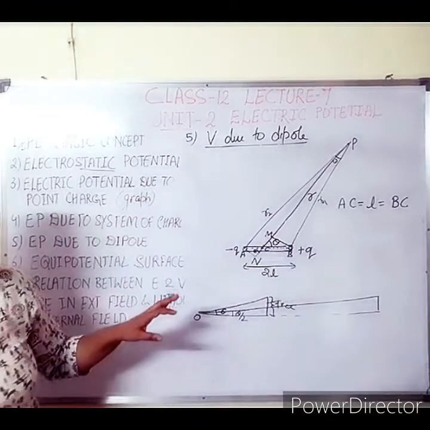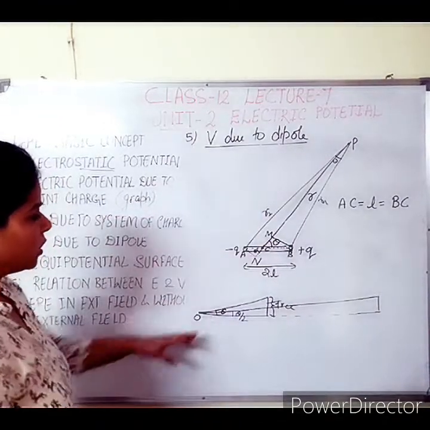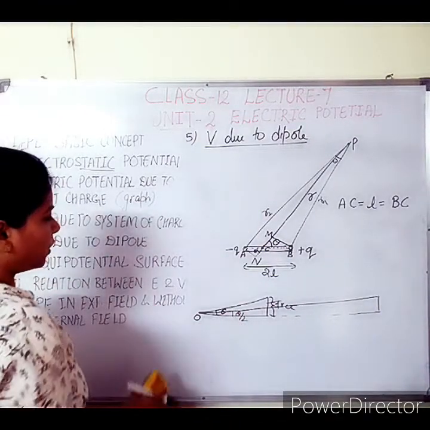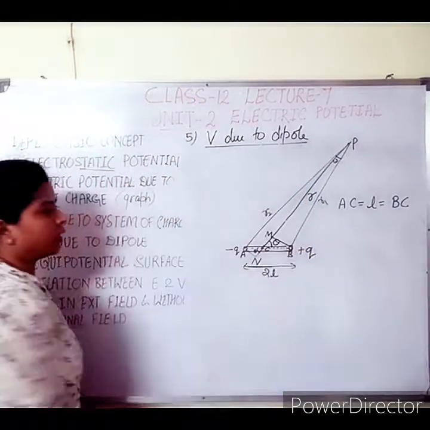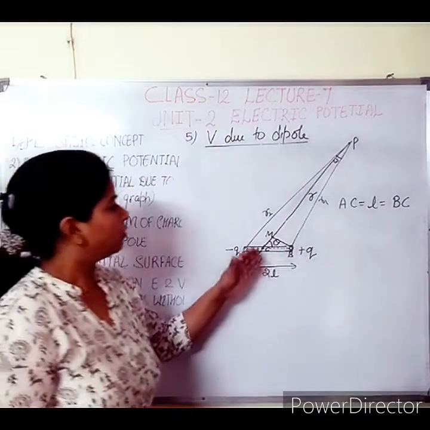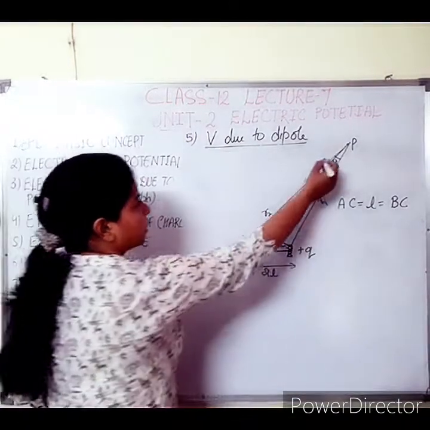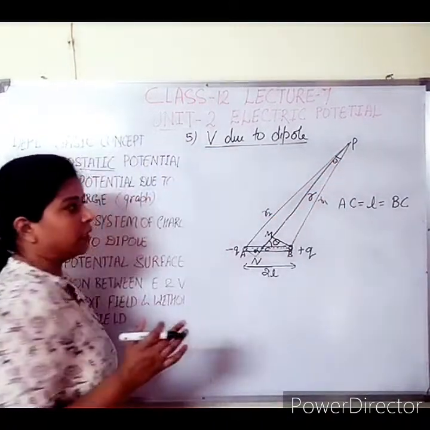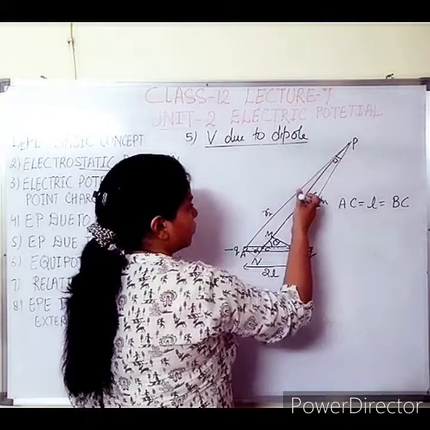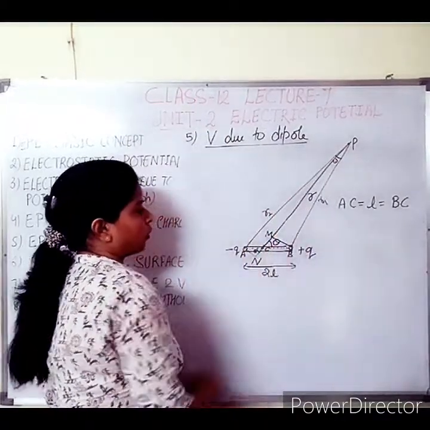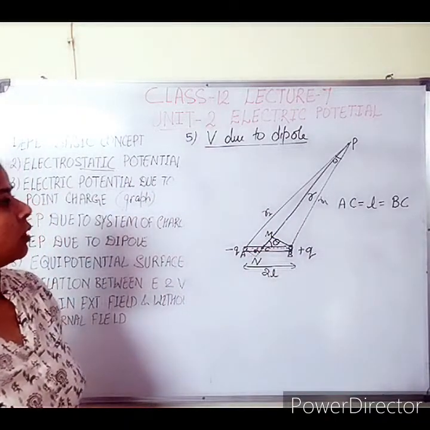This is a very important aspect you can imagine here. That is why I have drawn this figure to explain. So if the point P is situated very far from the dipole, then the angle omega becomes much smaller than the previous value. As the point comes closer to the dipole, the angle formed at the two sides of the dipole becomes larger.